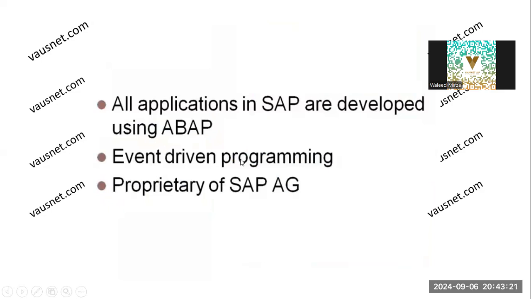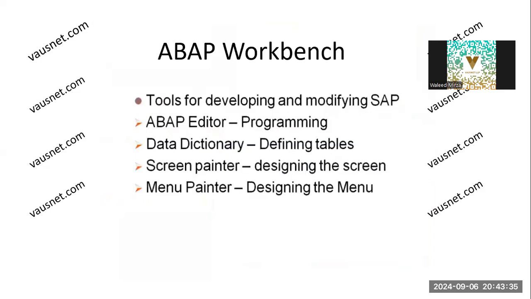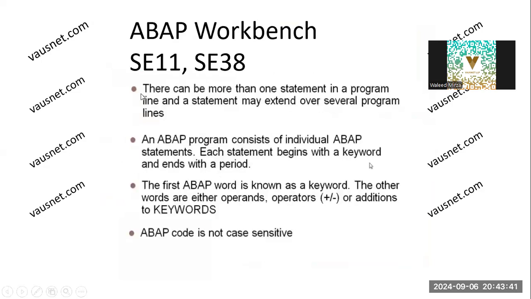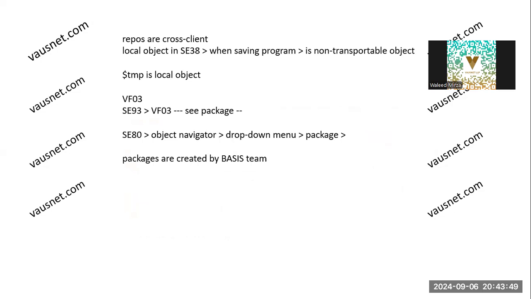We will see what event driven means when events are triggered. Okay. In the code, there are blocks which are considered events, and we will see how we can program that. The workbench that we'll be using will be the ABAP editor, data dictionary, screen painter, menu painters. And the transaction codes that we'll be using quite a lot are SE11 and SE38. SE80 will also be used. Okay, that is for data dictionary.